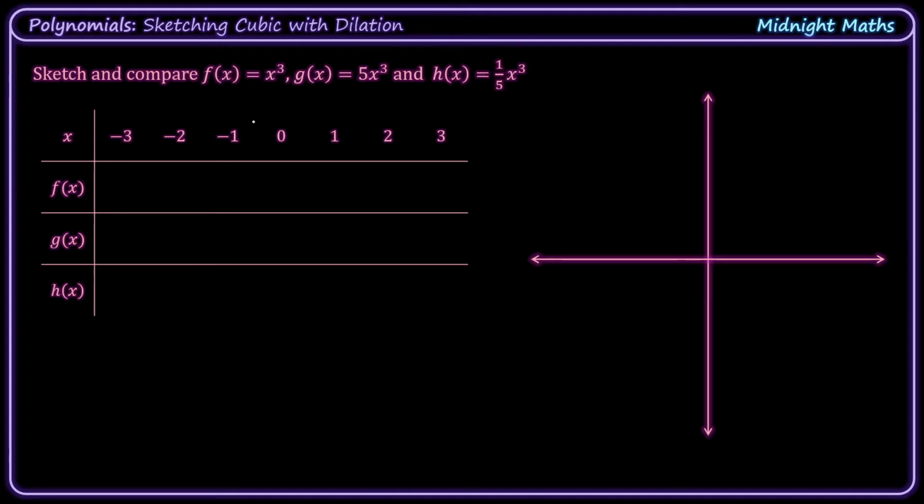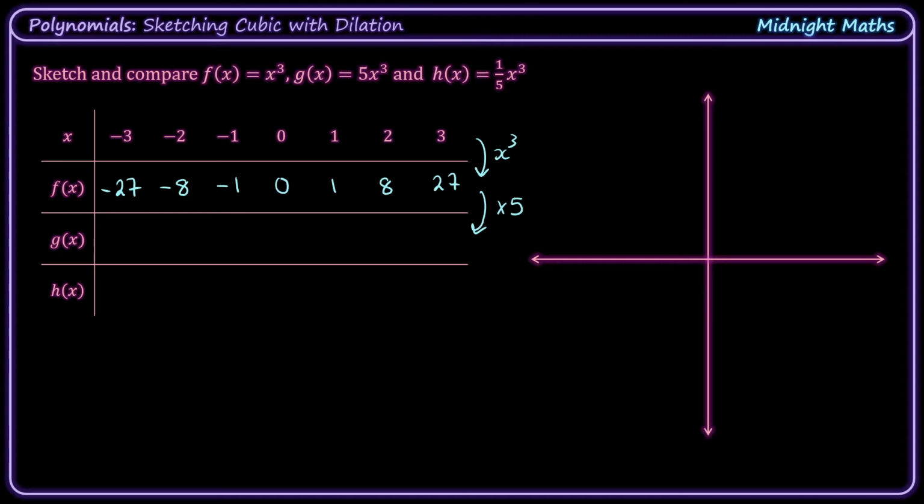I'll quickly go through f of x is x cubed, so I'm just going to cube these. -3 cubed is -27, -2 cubed is -8, -1 cubed is -1, 0 cubed is 0, 1 cubed is 1, 8 and 27. Now for g, the only difference is I'm multiplying my cubed by 5, so I'm going to multiply each of these by 5.